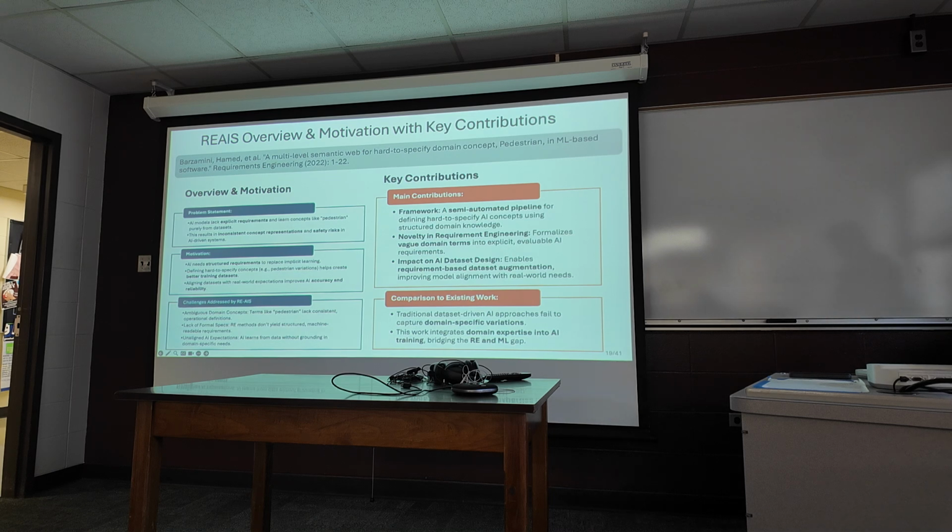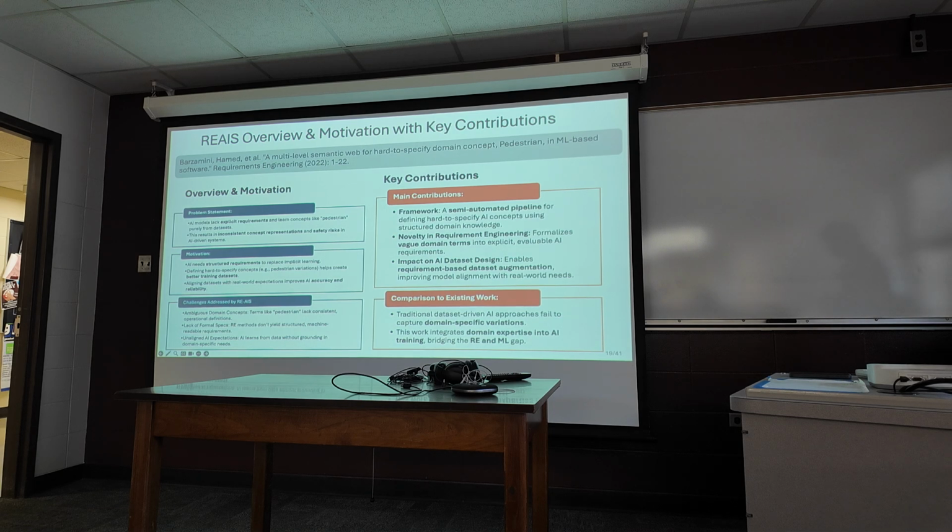REIS addresses three main challenges: concept ambiguity, meaning vague or socially constructed terms like pedestrian; lack of formalization, meaning RE outputs that aren't machine-readable; and unstructured knowledge, meaning domain context scattered across informal sources. What does REIS contribute?